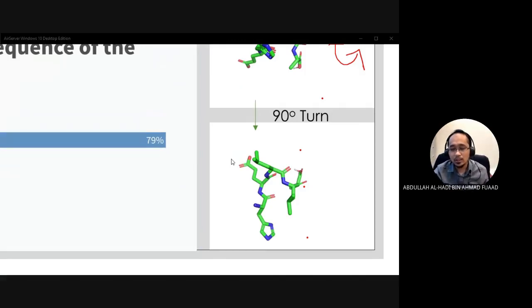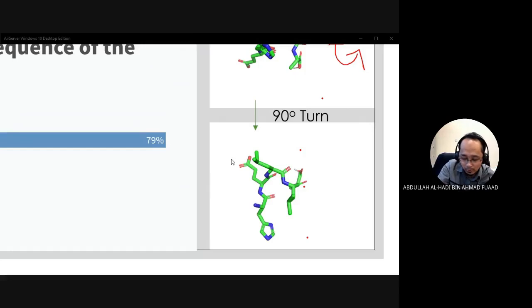So if you look at the sequence, when you're talking about a peptide sequence, you need to know which end is the amine and which end is the carboxyl end. So the N terminal or the C terminal, C is carboxyl, N is amine.